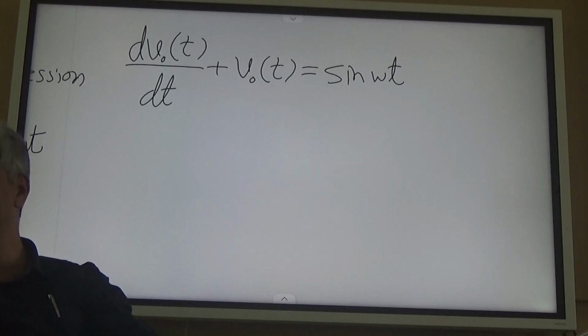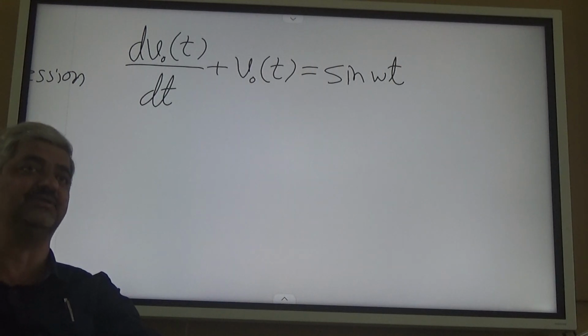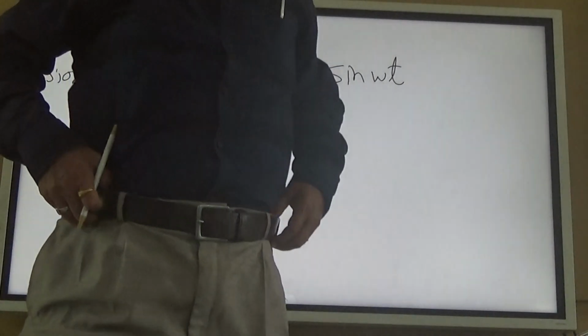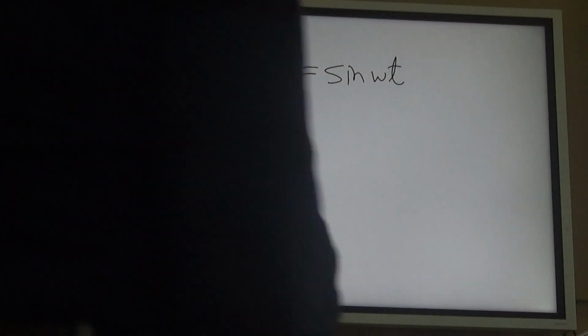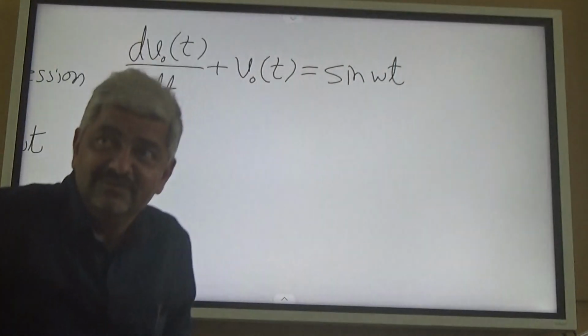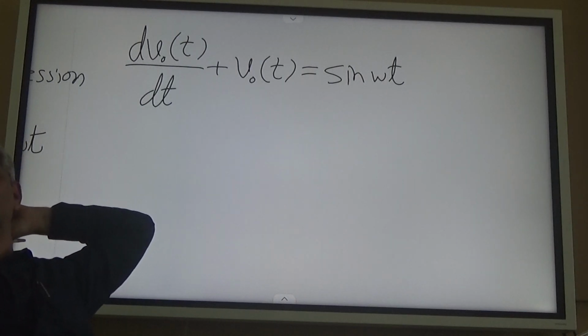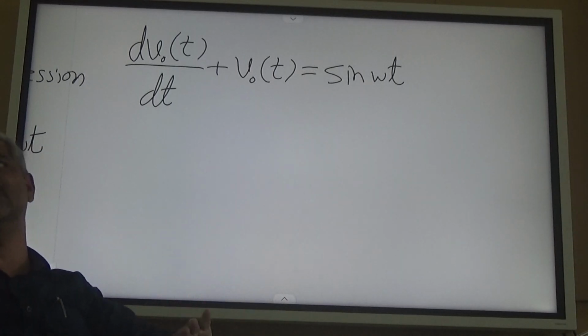Means x1 may be cos omega t, x2 may be sin omega t. Something may be 2 cos omega t, something may be 3 sin omega t. If two signals are sinusoids of the same frequency omega, then their summation is what? The summation of sinusoids of the same frequency is always a sinusoid of the same frequency, of some different amplitude and phase.